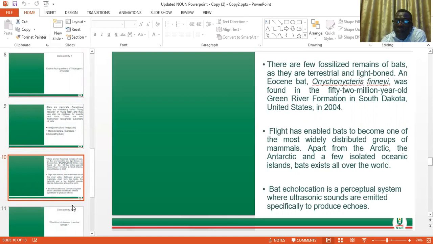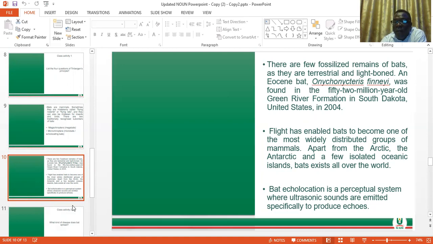We also mentioned that one of the outstanding features that enable bats to be successful in the environment is flight. They are found in any region of the earth, including the Antarctic and the Pacific Islands. They exist all over the world, and that's why they became successful.